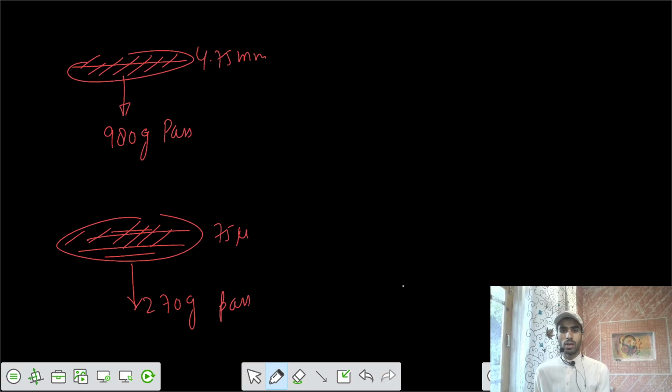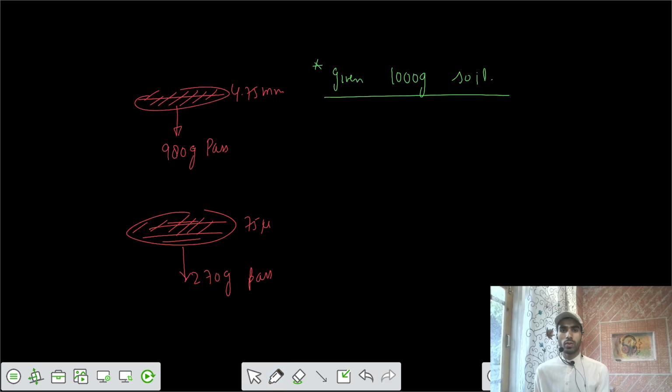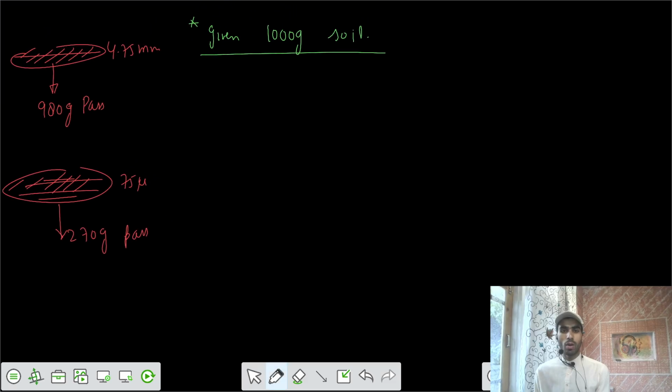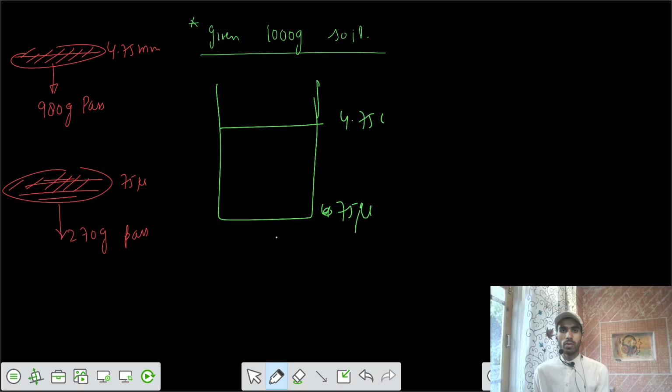Now, for the given data, the soil sample was 1000 grams. Out of that, 980 grams pass the 4.75 mm sieve. That means we need to find the percentage retained on the different sieve sizes. So 980 grams can be said as 98% out of the 1000 grams.